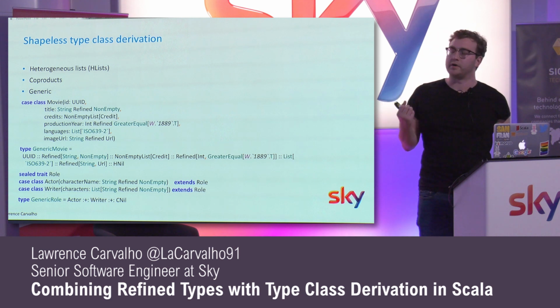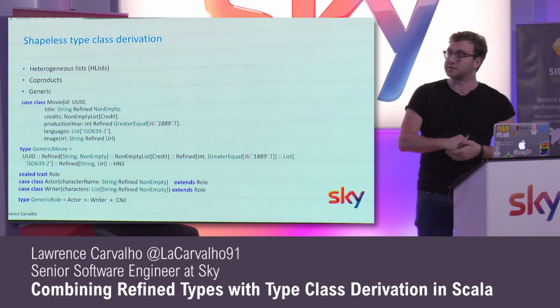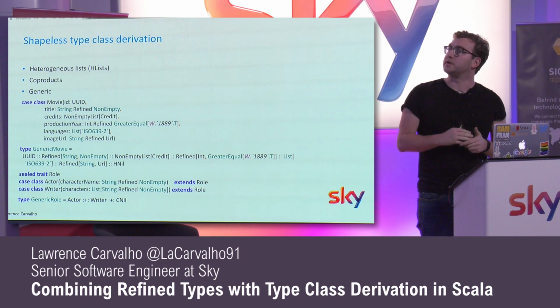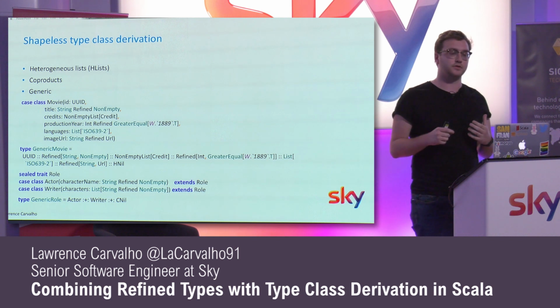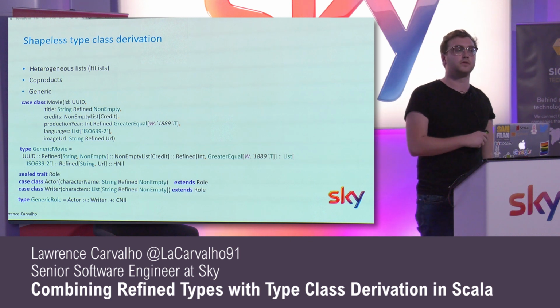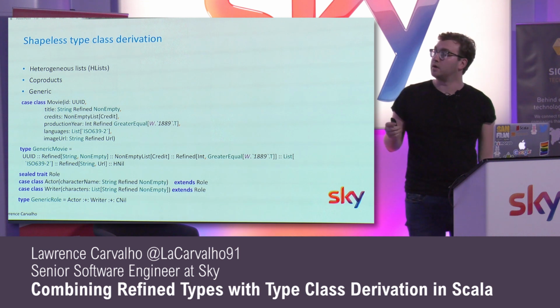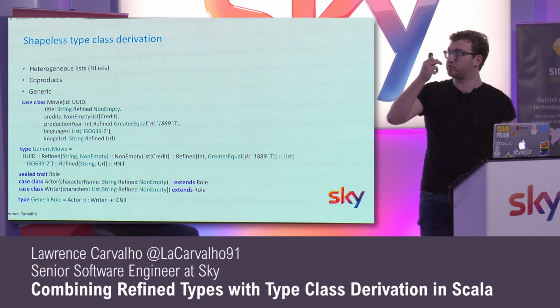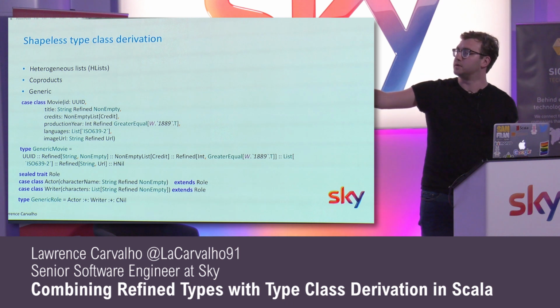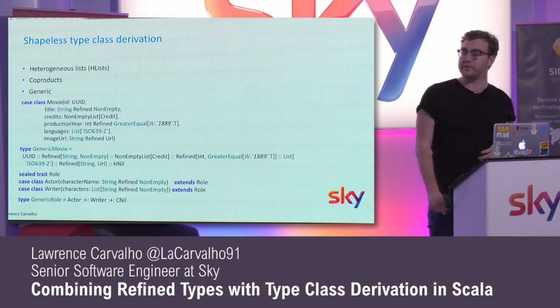And then there's Generic. So Generic is a type class from shapeless, and this is incredibly powerful. This type class allows you to convert to and from any product or co-product into a shapeless generic encoding of that. So the shapeless generic encoding of a product type, like this Movie, is an H list, and you can see Generic Movie defined below, the type As.